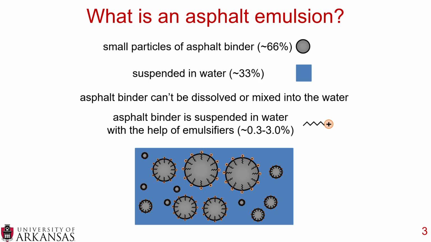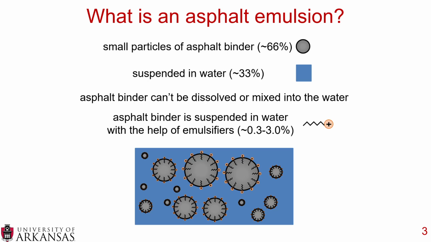And you can see in a typical asphalt emulsion, there's approximately 66% asphalt binder, approximately 33% water, and around 0.3 to 3% emulsifier. Now there are several different types of asphalt emulsion.